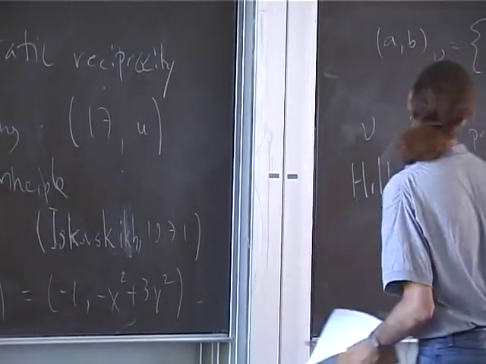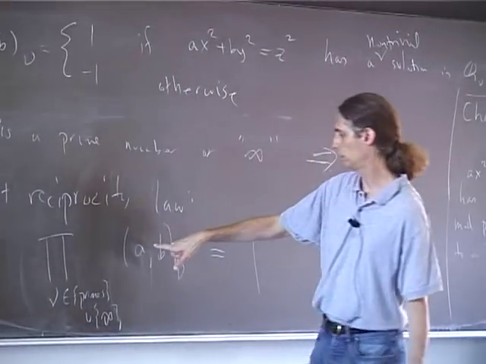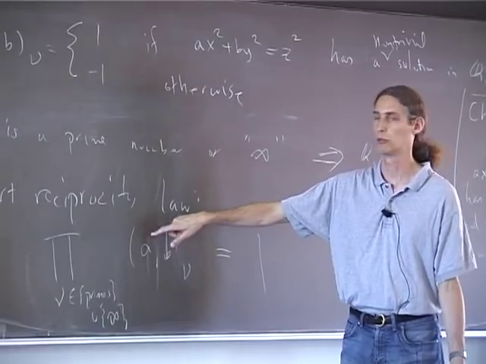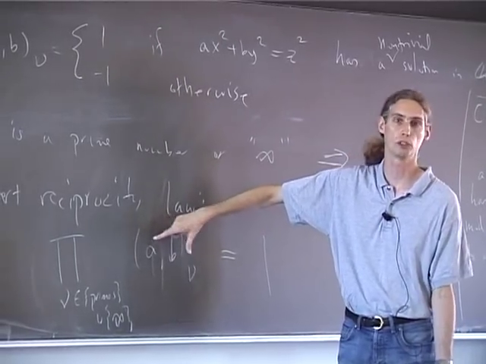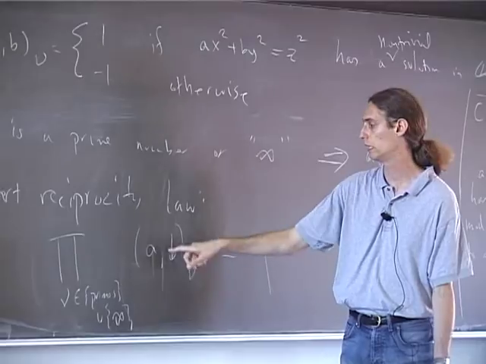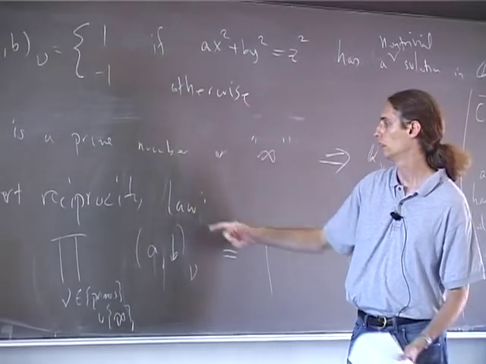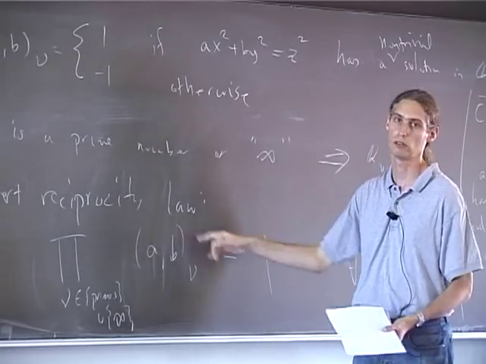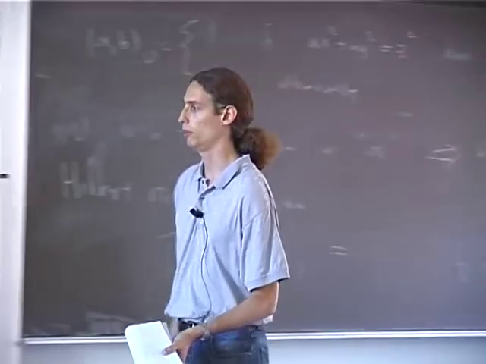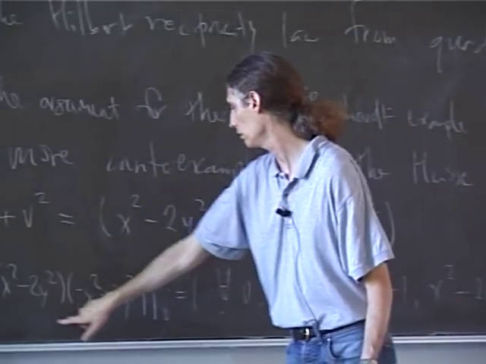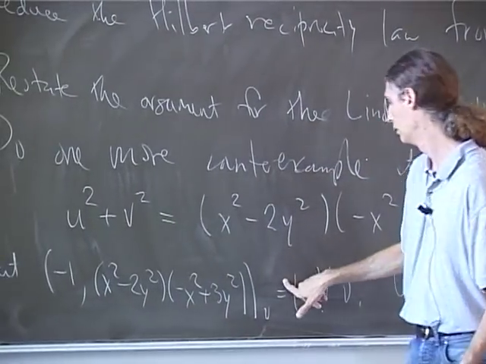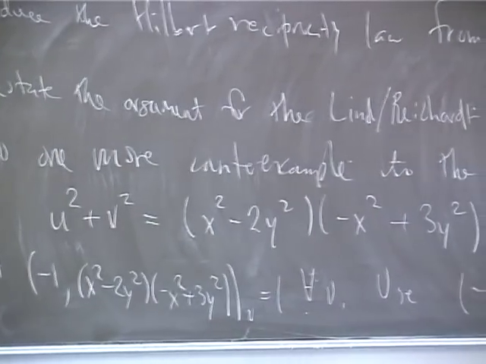Okay, so of course now, see the Hilbert symbol is multiplicative in each variable. Like let's say if you do A here and you put BC here, then it's just AB times AC. So it has a nice multiplicative property. And then here, if this is 1, then these two are equal.